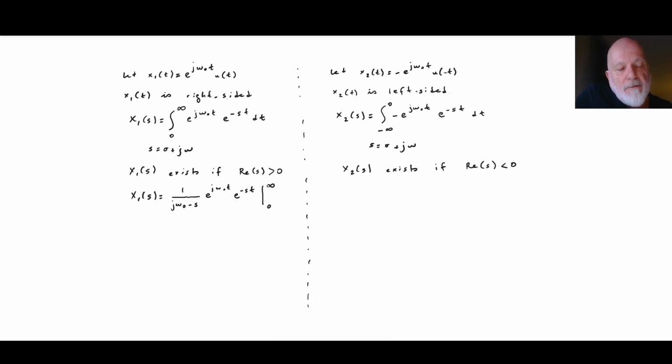When t tends to infinity, we know that real part of s is positive, therefore the real exponential will decay, and therefore the result of this integral is 1 over s minus j omega 0.